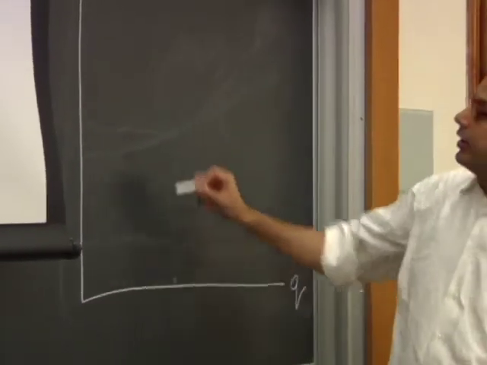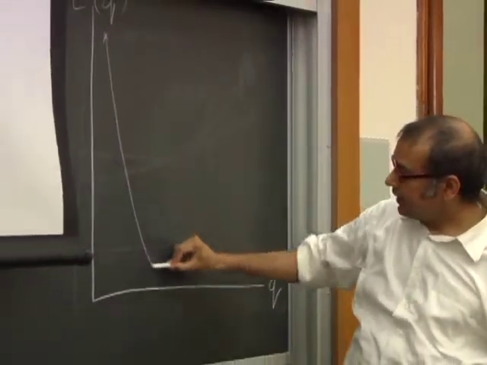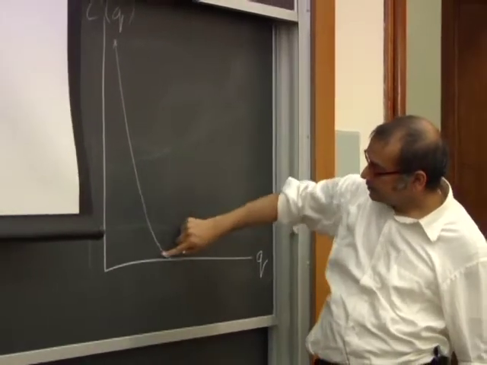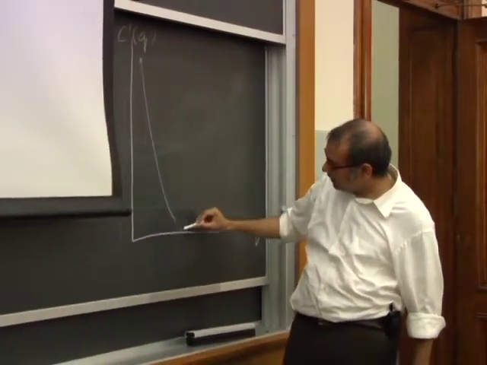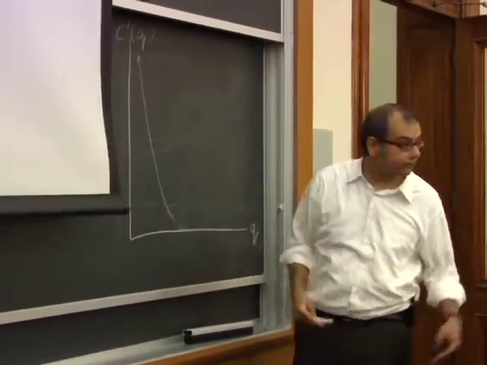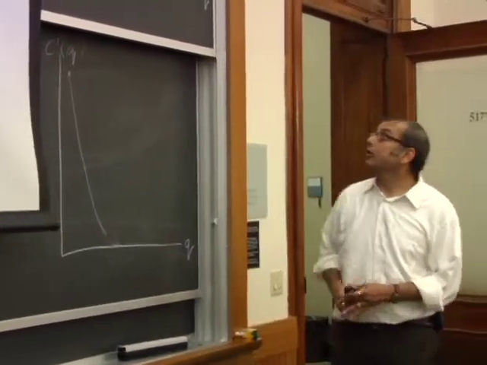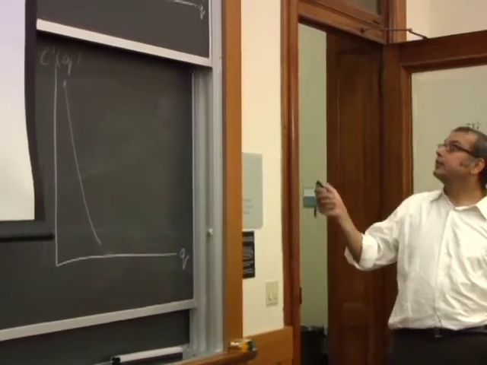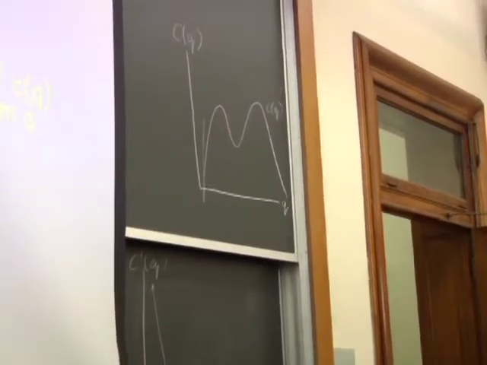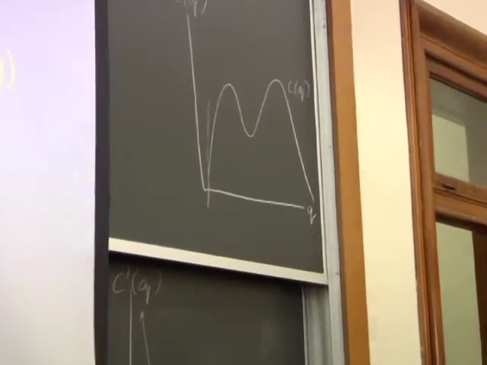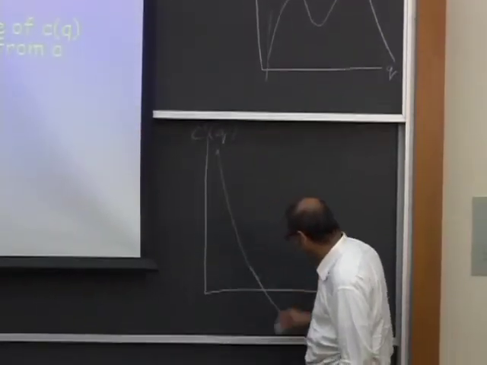So I know that it probably looks like this. But I don't know what's going to happen after this point, whether it'll go up or go down. So after the point 0, what's the slope here? Negative, right? So that means it's going straight through like that.